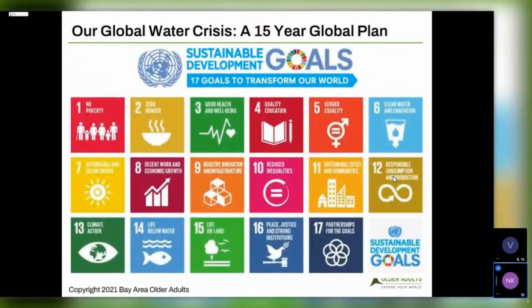So now to recap the global water crisis lecture, I just want to remind you that in 2015, world leaders agreed to 17 global goals, officially known as Sustainable Development Goals, or SDGs. It's now 5 years on, and we have more work than ever to do.